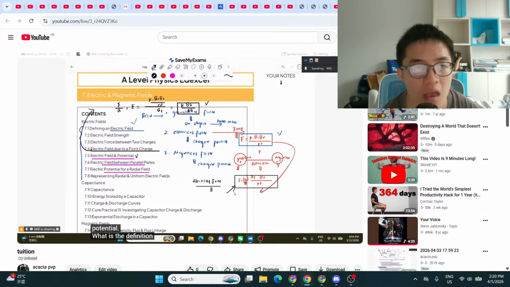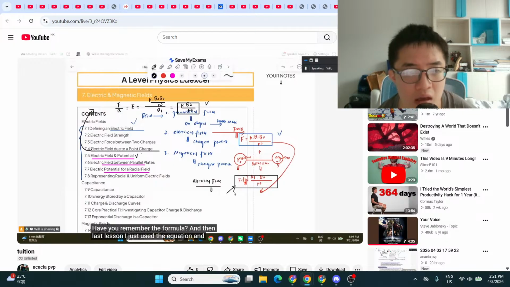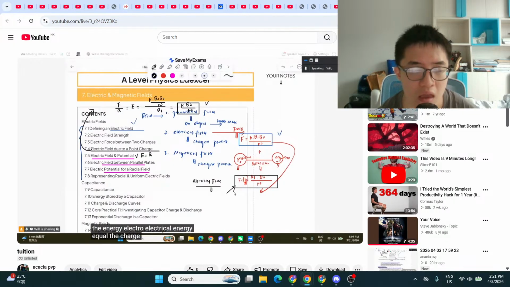And 7.4 tells what? Potential. What is the definition of potential? It's like a voltage, right? The joules per coulomb. Potential is the work done over charge. Last lesson, I used the equation that electrical energy equals the charge times the potential difference.